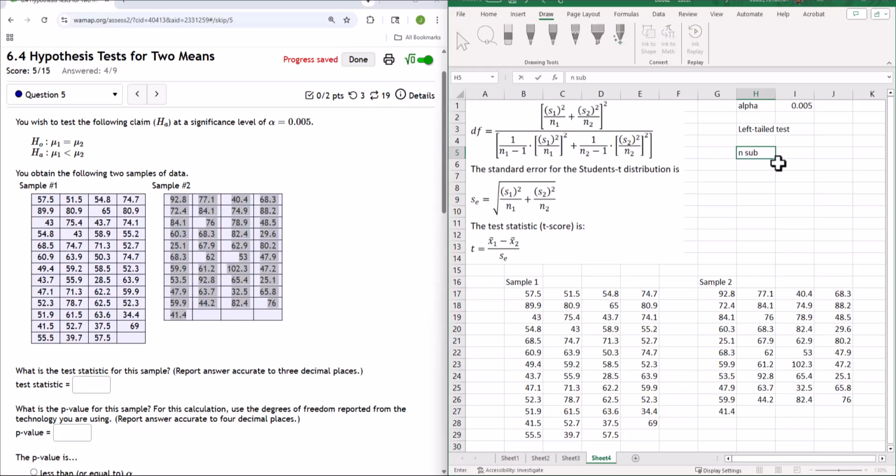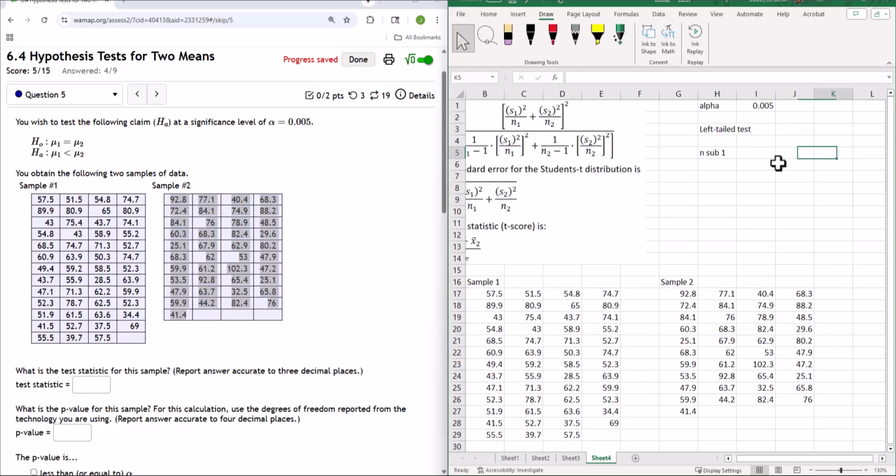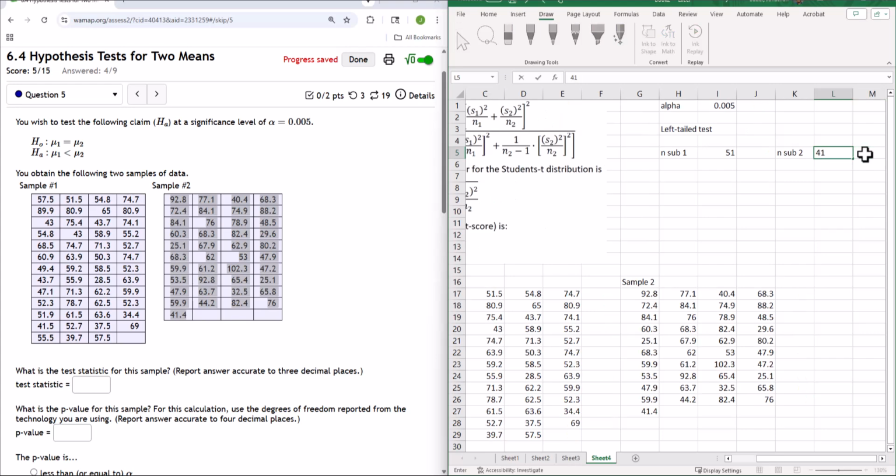So n sub 1 and n sub 2. I'm going to count these up, and I got 39 plus another 12. Seems like 51, so here it is, 51. And 41 here.